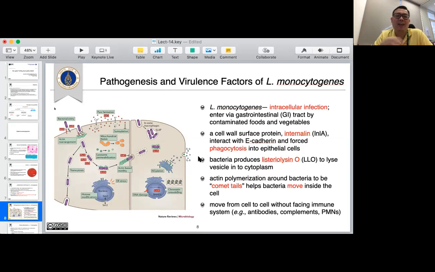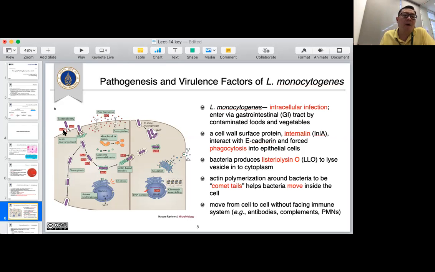First, L. monocytogenes will attach to the cells in the GI tract. They come from contamination, and attach by a protein on the surface called internalin A. Internalin A attaches to cadherin, which is on the host cells.